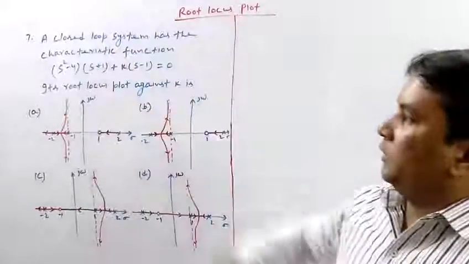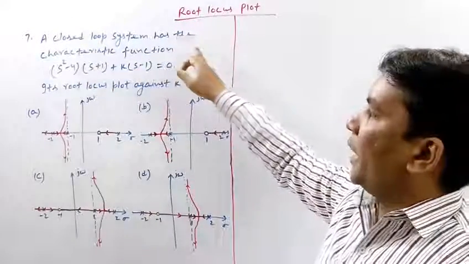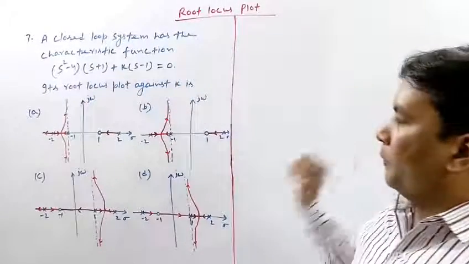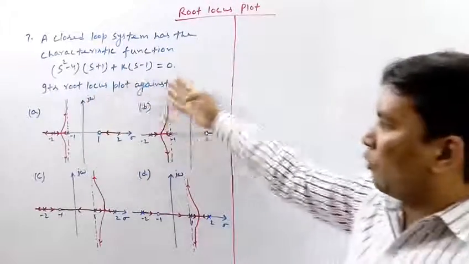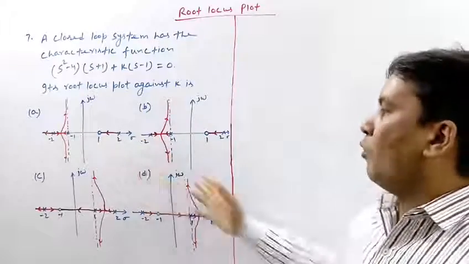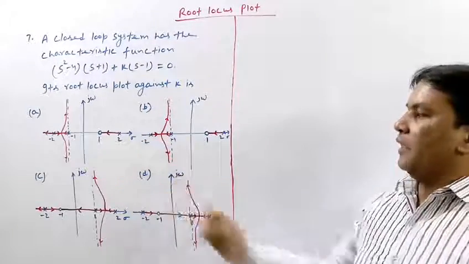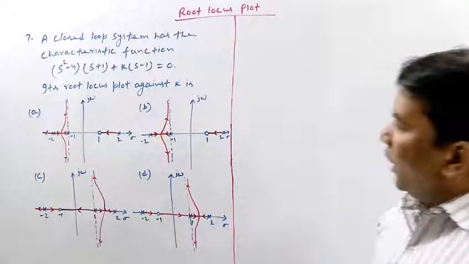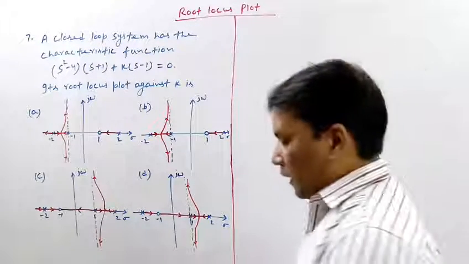The next question is: a closed loop system has a characteristic function. This is the characteristic function of the closed loop system. Its root locus plot against K is given in four options, A, B, C and D. Which one is the correct one? Let us see what the characteristic equation is.